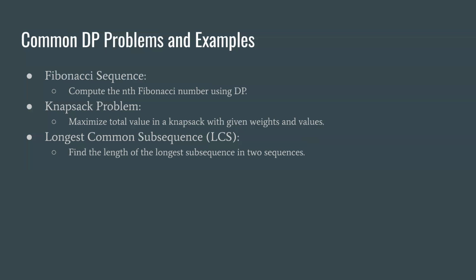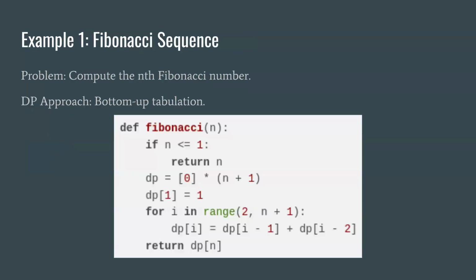And the next one is the knapsack problem, where we aim to maximize the total value in a knapsack given its weight capacity. Finally, we have the longest common sequence problem, which involves finding the longest sequence present in both sequences.